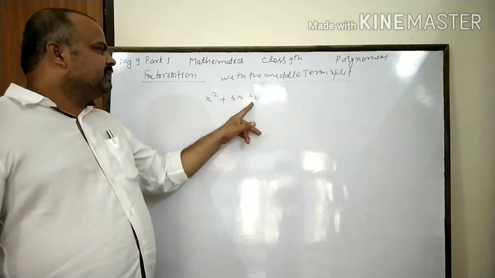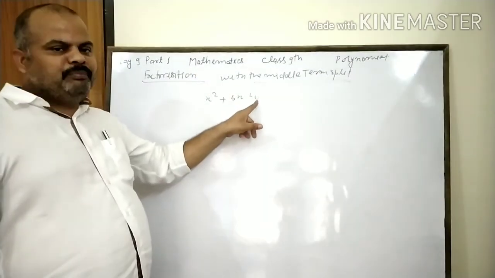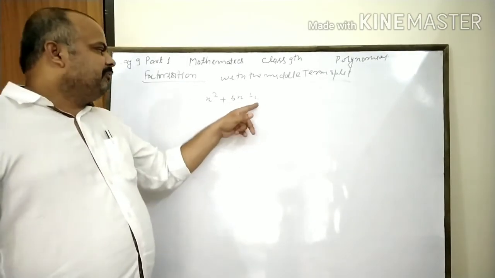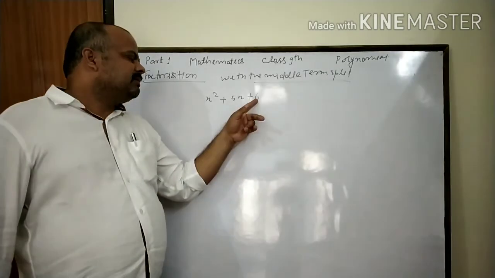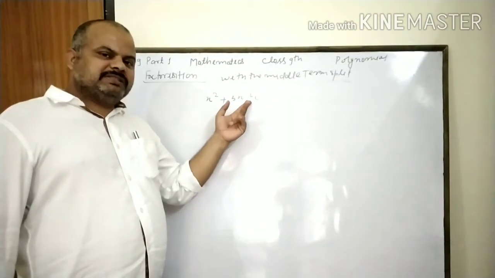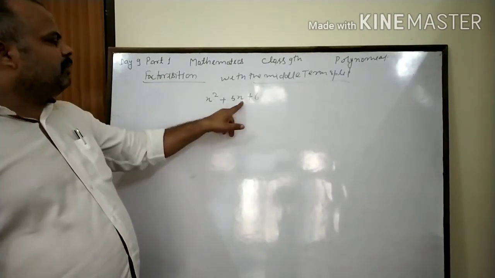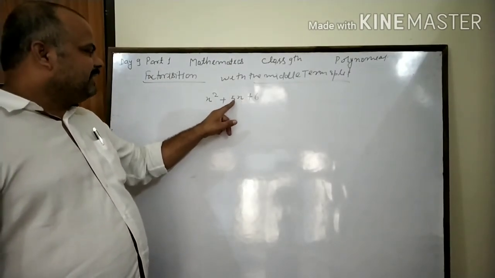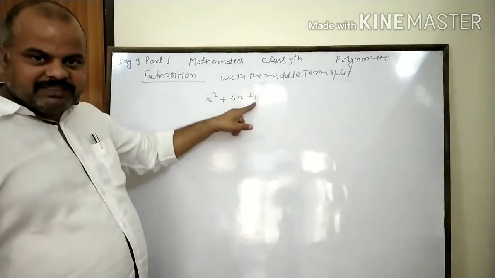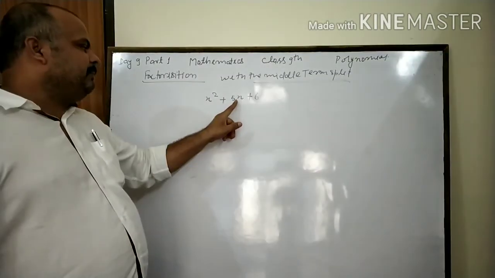Pure constant term means there is no variable with this term, so here 6 is the pure constant term. Now, if there is a plus sign, then factors of 6 are added, which should be equal to the coefficient of x, here 5.